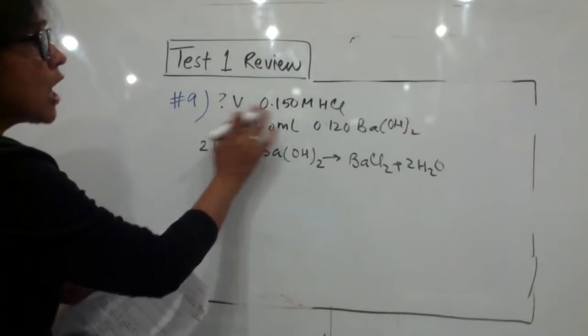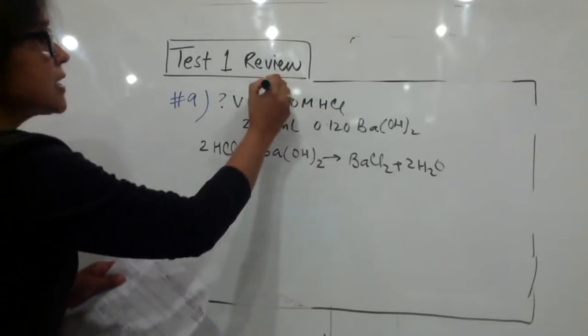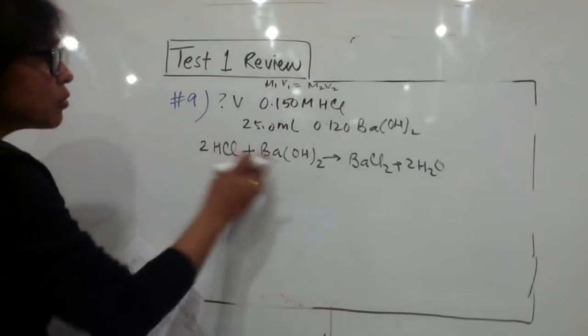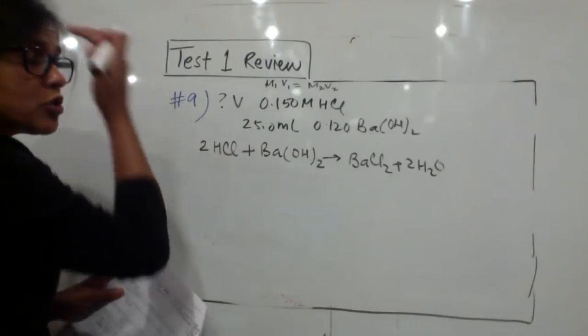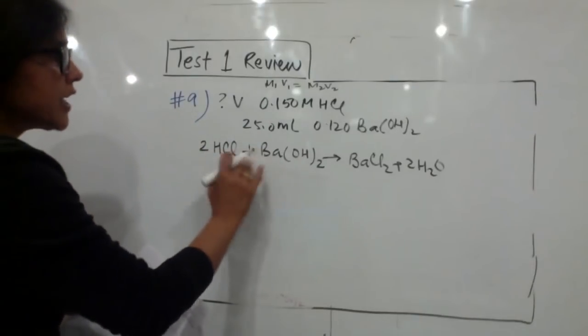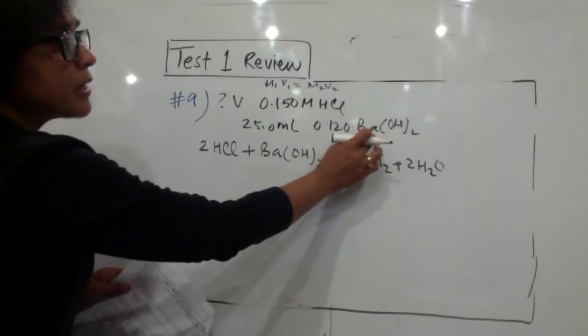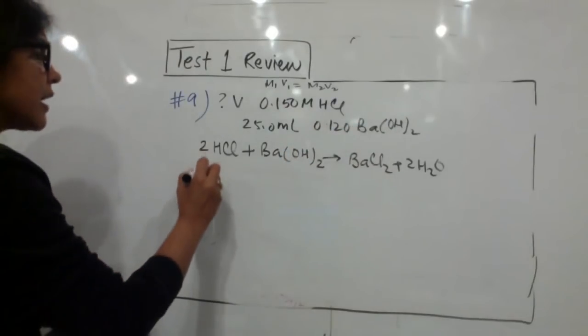Now they ask you how much volume. So the thought process is, we know M1V1 is equal to M2V2. However, the mole ratio is a little skewed. So we need to kind of take care of that as well. So if you do M and V here, you can get moles of barium hydroxide. Let's start with that.